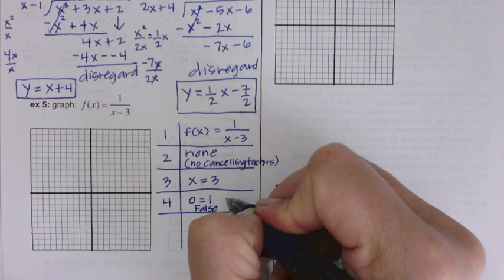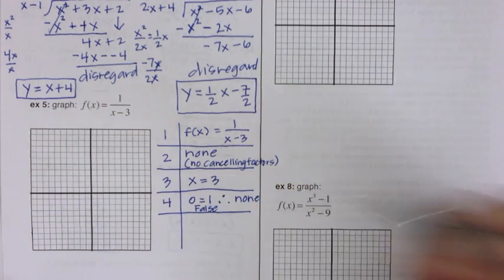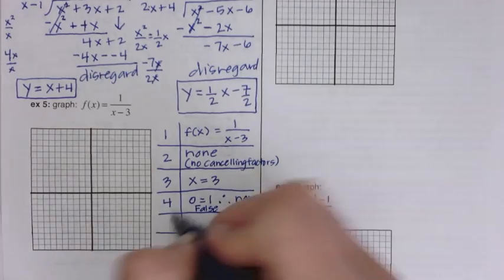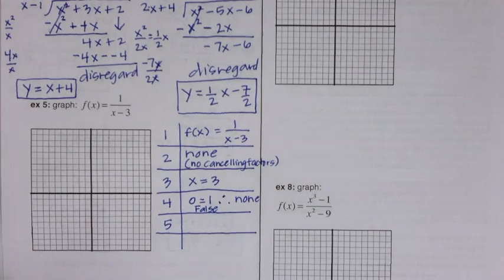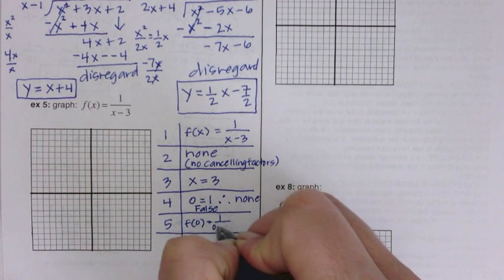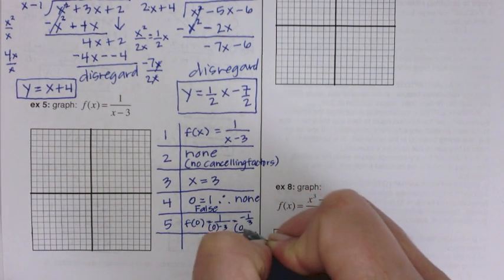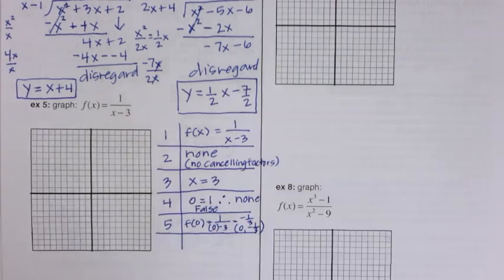So guess what? There are none. Step 5 is your y-intercept. To find the y-intercept, you plug in f of 0. That gives me negative 1/3, and I'm going to write it in intercept form, (0, negative 1/3).